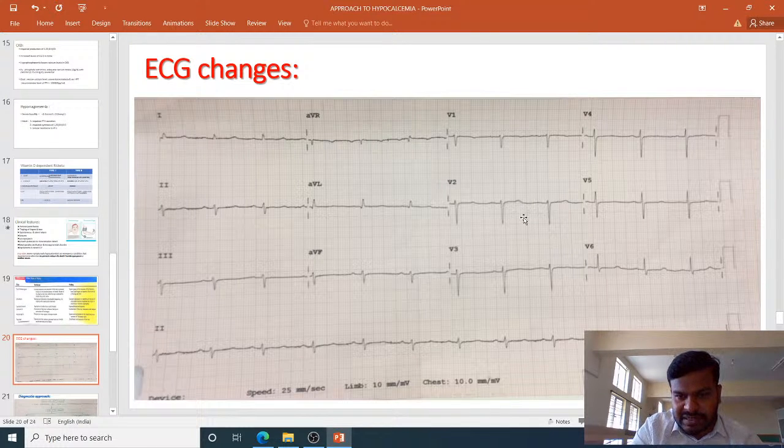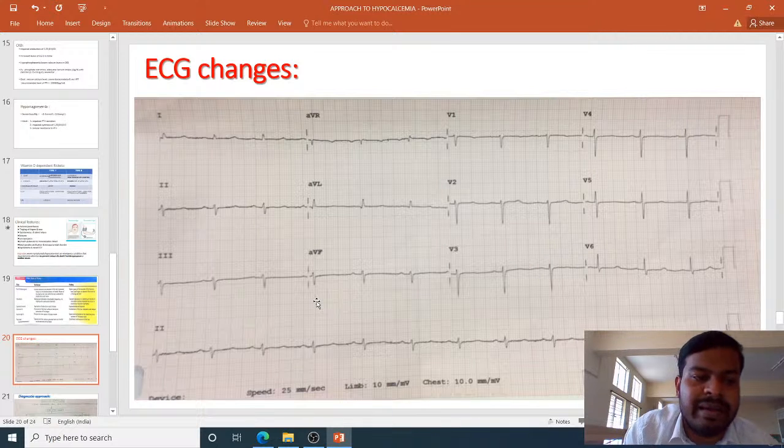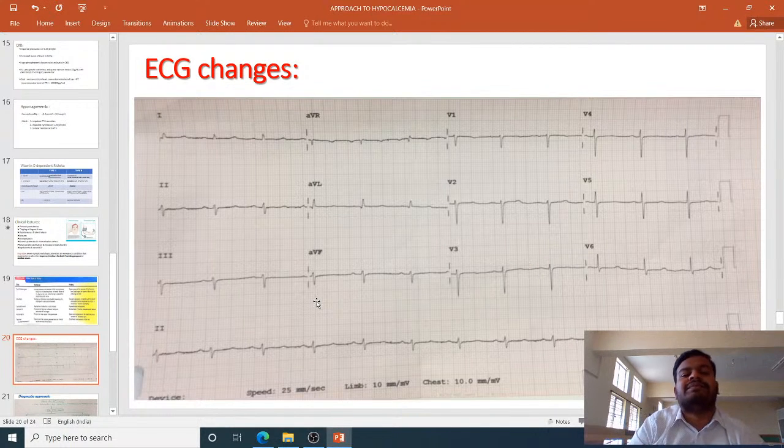So this is the T wave, and this is the QRS complex. So you can see there is a prolonged QT interval. So these are the main changes which you should observe when there is hypocalcemia. So calcium plays an important role in the repolarization phase of the cardiac cycle. So definitely there will be a QT prolongation.